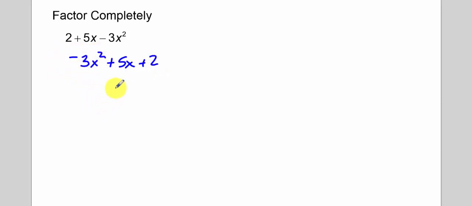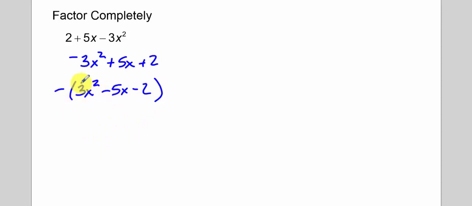So what I'll typically do is say, well, there's a negative in common in all these. If I factor out a negative, then negative 1 times 3 is negative 3x squared. Negative 1 times negative 5 is a positive 5x, and negative 1 times negative 2 is a positive 2x.